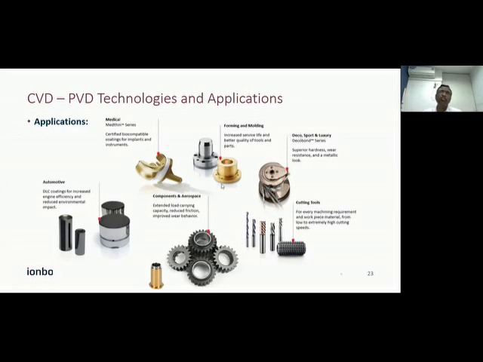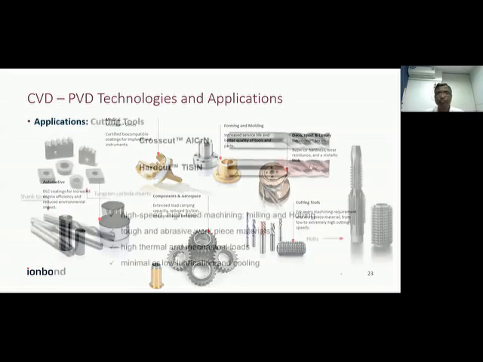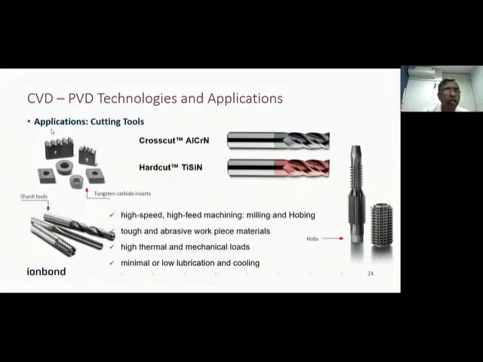Now I will give two examples of these coatings with respect to these segments. Application wise, if we see cutting tools, we have different kinds of inserts, carbide solid shank tools, and another segment is gear cutting tools, which is a bigger industry. Maybe in future with e-vehicles this segment may come down, but as of date there is still a big potential.